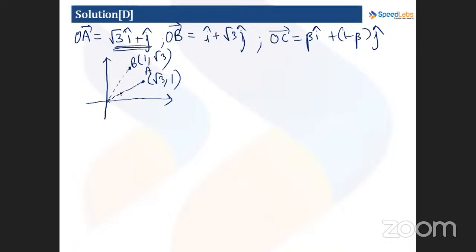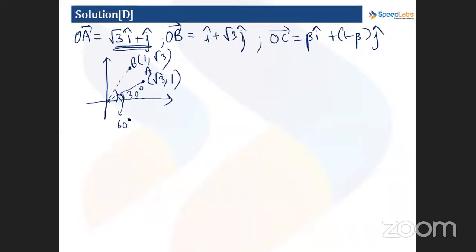Now if I try to find the angle of inclination, tan theta is 1 by root 3, so this is 30 degrees, and for B, tan theta is root 3, so this is 60 degrees. Okay, so all these things I got.